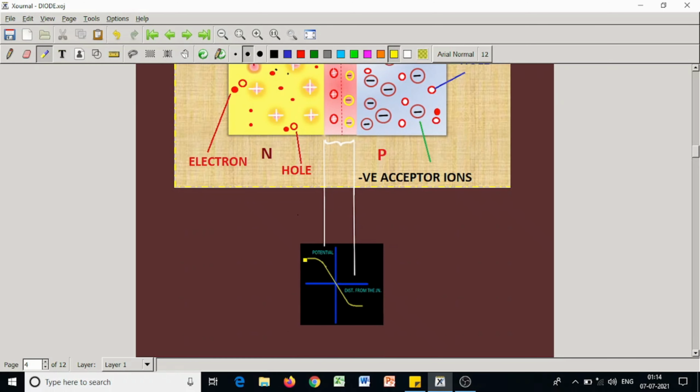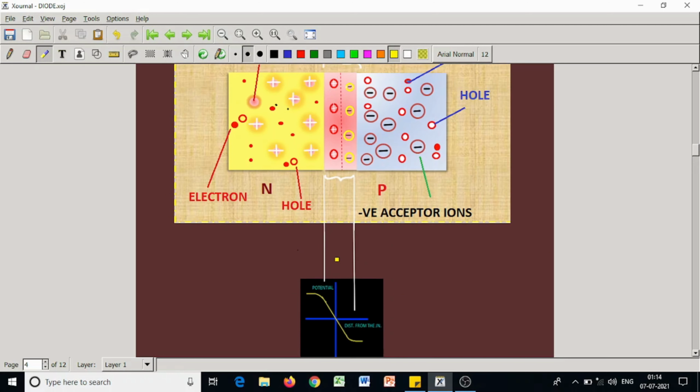So a potential like this is formed. Here it is positive, here it is negative. This is distance from the junction and this is the potential. Y-axis is potential, x-axis is distance from the junction.